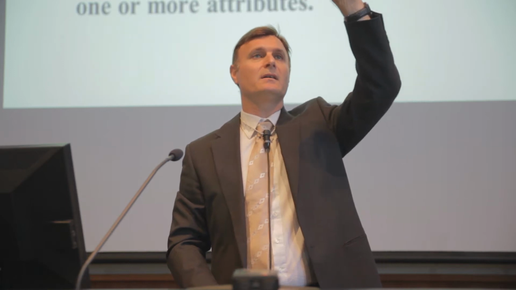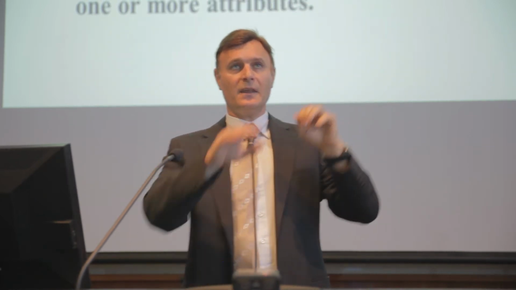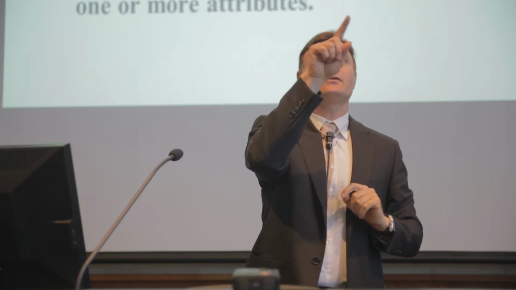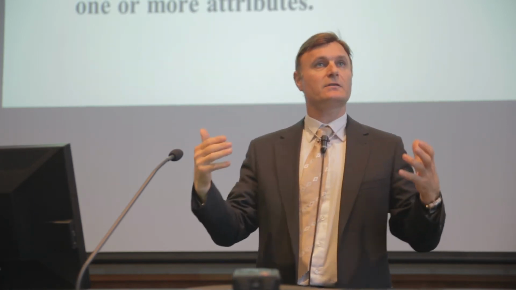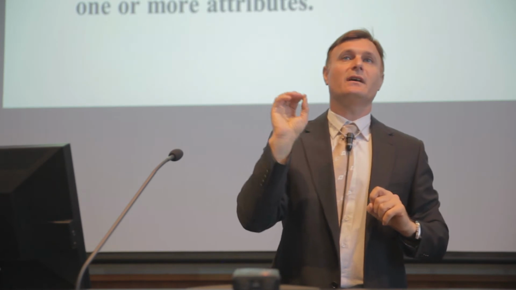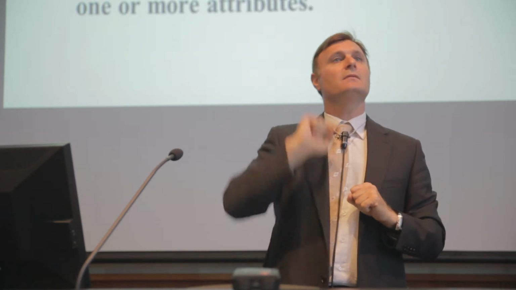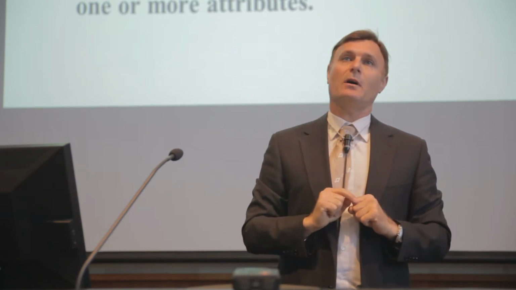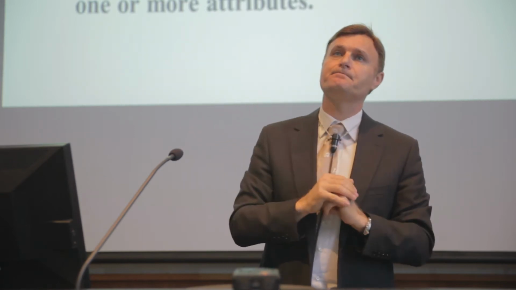For example, column 1 could be a student number, column 2 student name, column 3 student address. And then in the rows, we store the actual student number, name, and address of each of our students. So when we have entered all the data, we've got the name, address, and student number of all the students in the rows, and each column tells you what each data item is about.